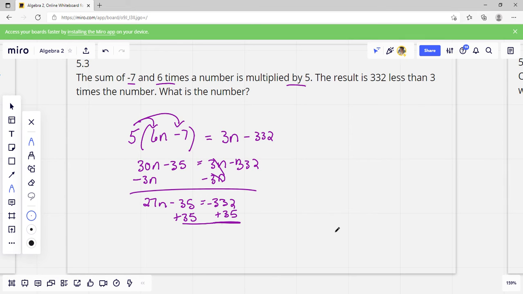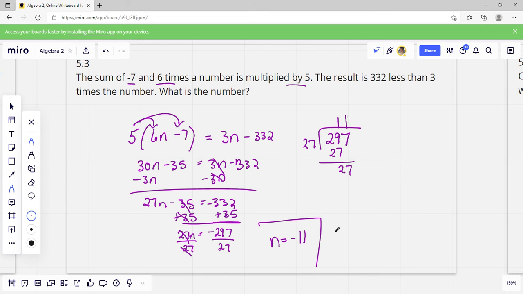Alright, so that's going to get me negative 297. 27n equals negative 297. Now we would divide by 27. You can use a calculator for this. It's 11. That was easy. So n equals negative 11, because this will be negative 297. There we go. Alright, pretty easy on that one.